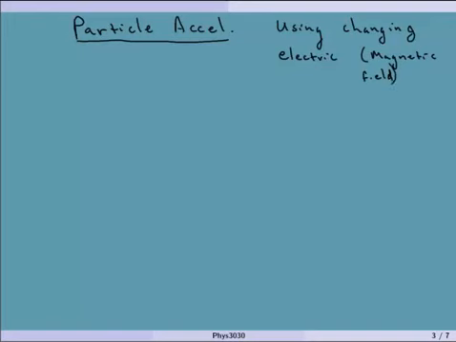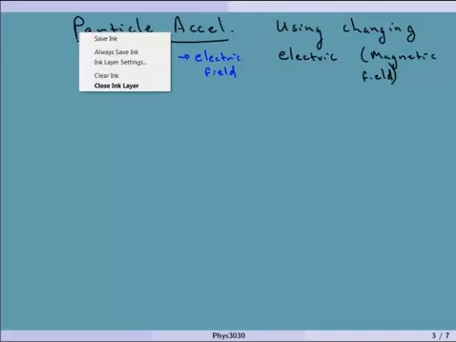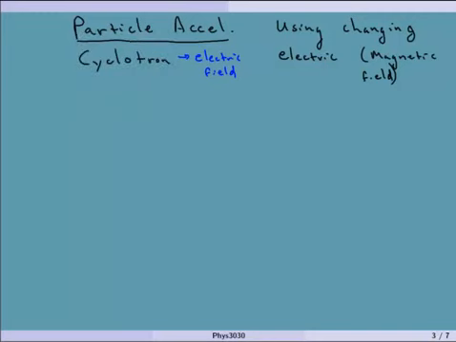And there are different names and different types of particle accelerators. A cyclotron is only an electric field. Okay, a synchrotron is both an electric field and a magnetic field.